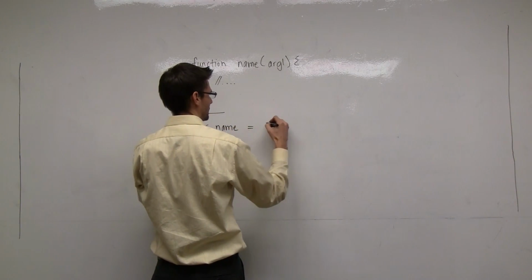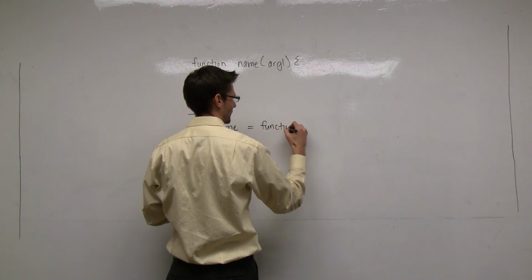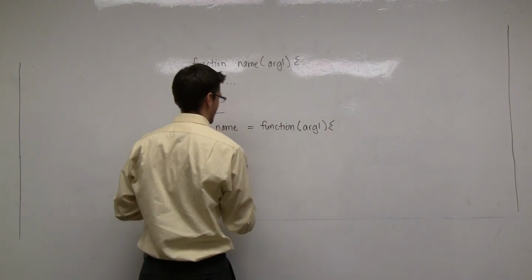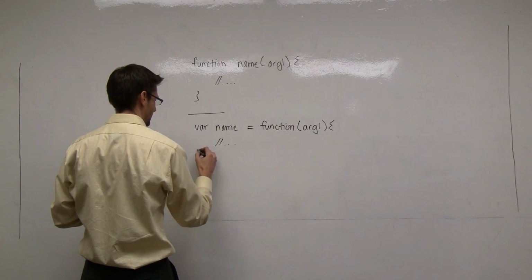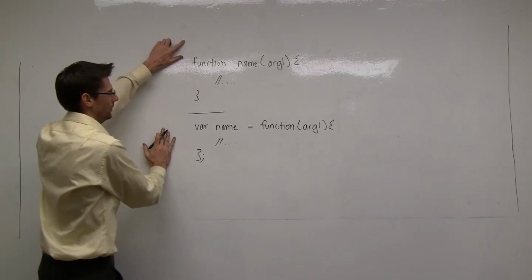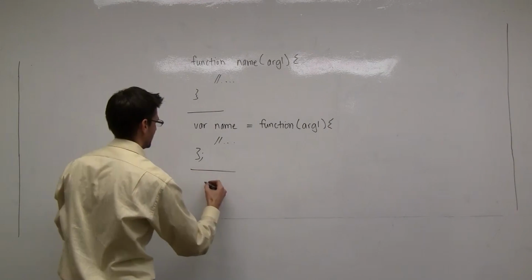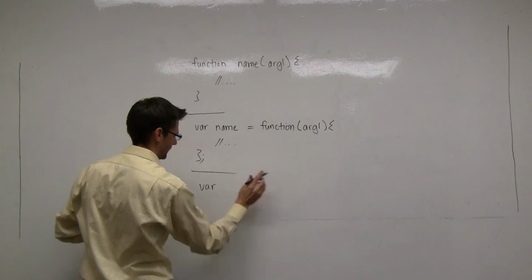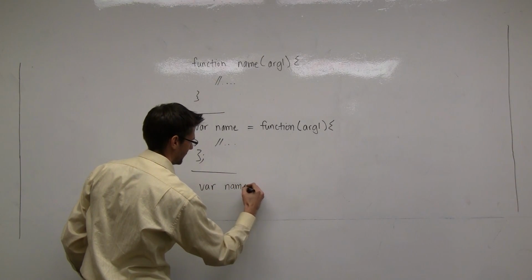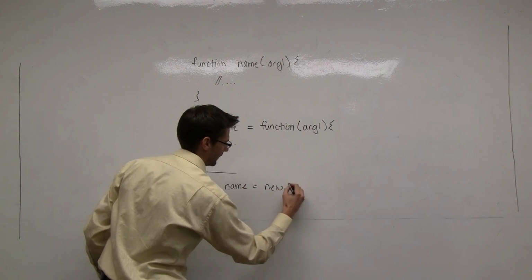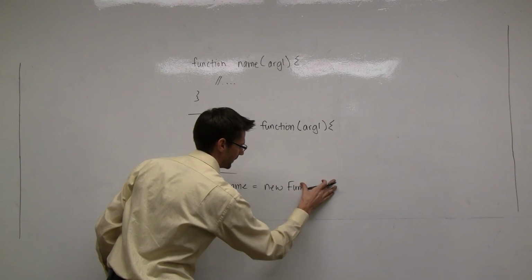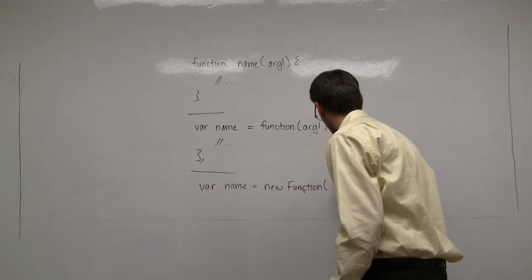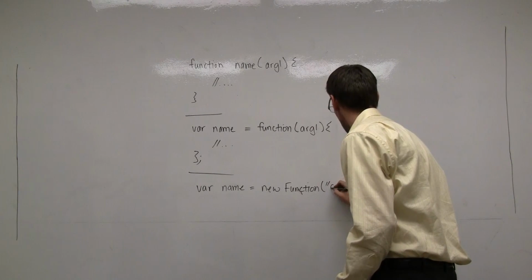And then you'd say equals a function, and then you'd say arg1, and you would then do the body, and these 2 are synonymous, as well as, like we said before, if you were to say var name equals new function, a new function, and then you say arg1.